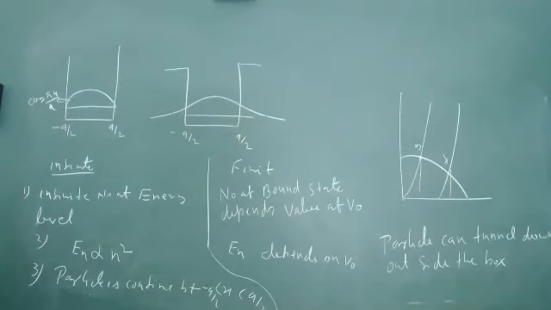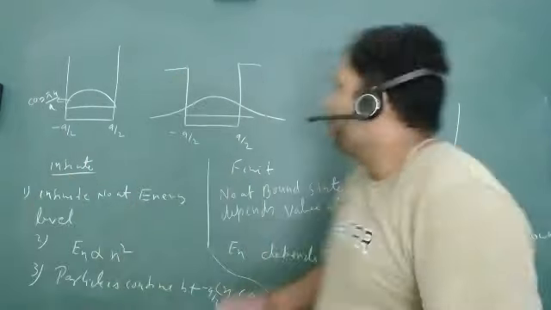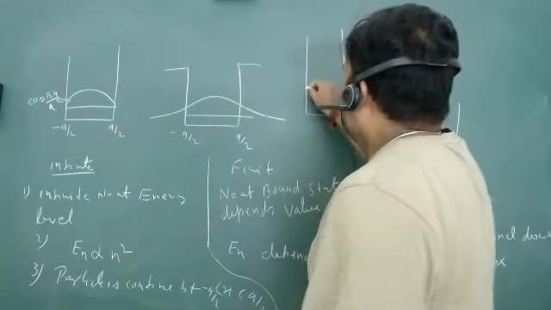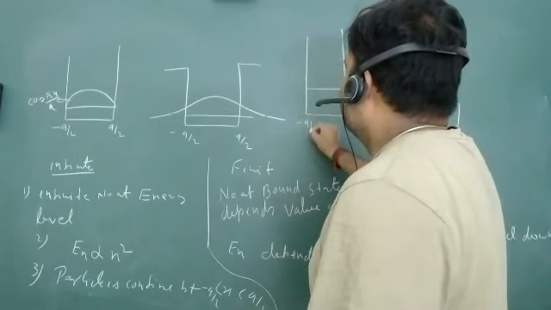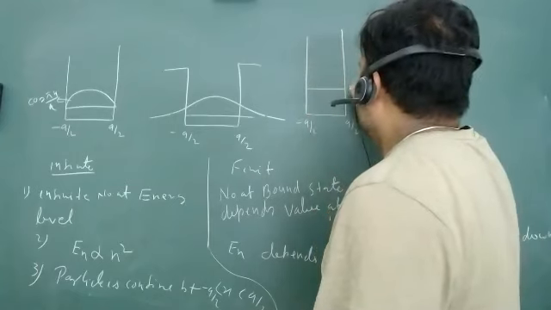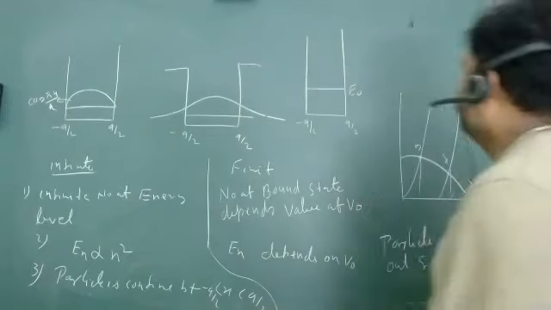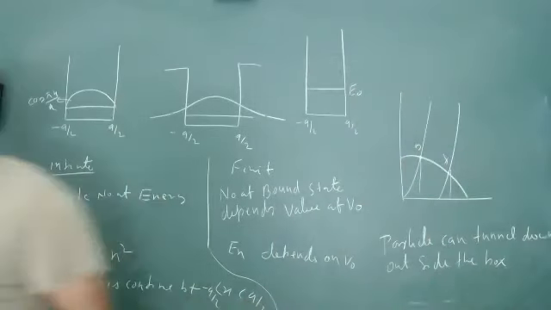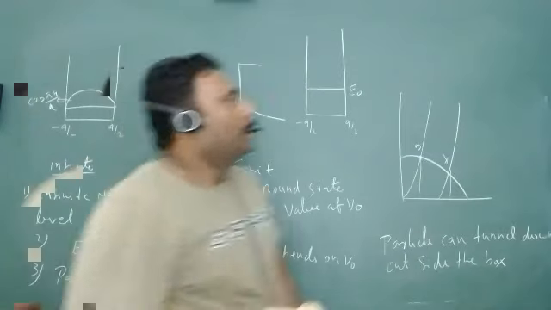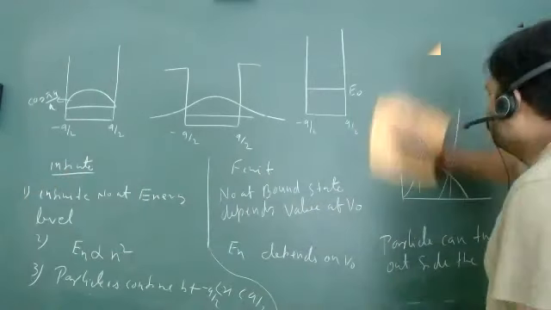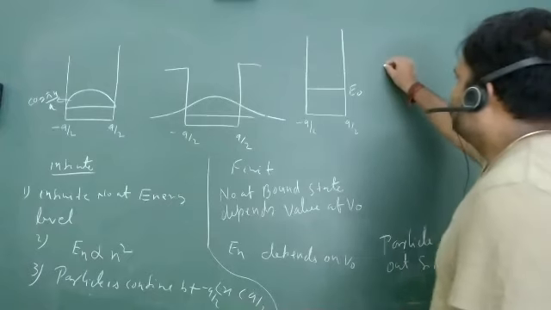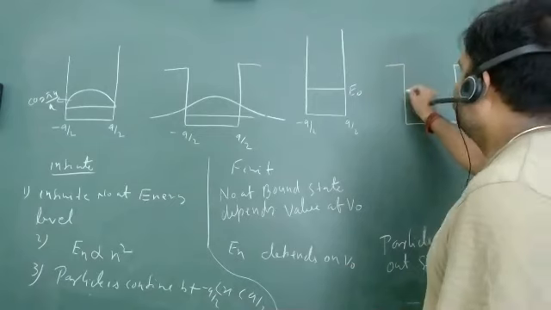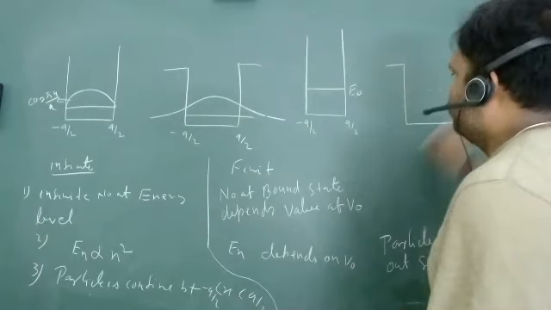Now just give me the answer. If this is your infinite potential box, what will be your ground state? Suppose this is minus a by 2 to plus a by 2. This is your E naught, your ground state. And if I go for the finite potential box, what should the ground state be? Will it remain the same, or be greater or lesser?